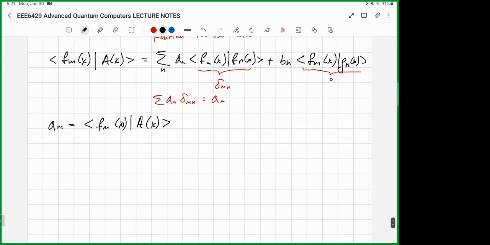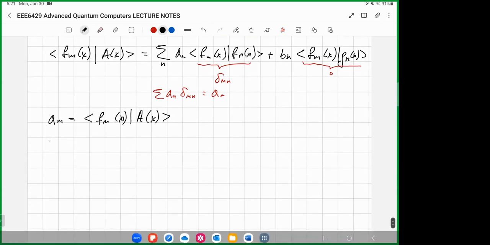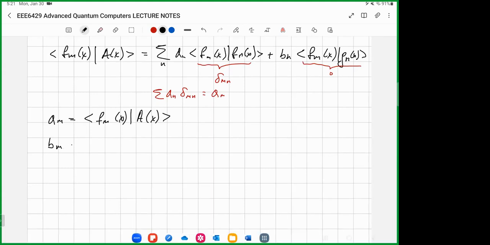So this is nothing but the projection of the function a of x on the vector fm of x. In the same way, I can obtain another formula for bm. It will be gm of x with a of x, like this.